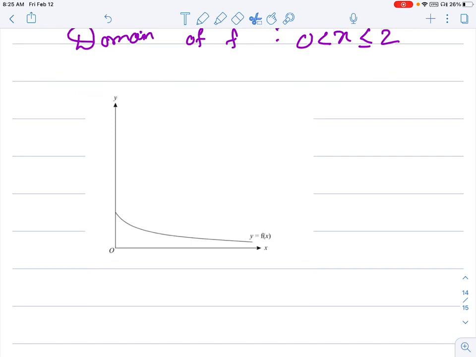This is f of x. We know that this point was 2. For f inverse of x, this point will come on the x-axis, and since it was reaching the x-axis, it will reach the y-axis, so somewhere over here. Let me draw it much more neatly in this way.